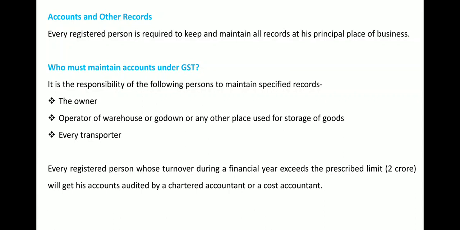So the registered person whose transaction value in the financial year is more than 2 crore must have the accounts audited by a chartered accountant or a cost accountant. Anyhow, the owner or manufacturer, the operator of a warehouse or the manager of the godown, and every transporter have to maintain certain books of accounts under GST.